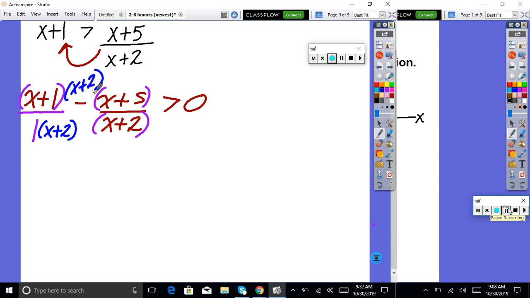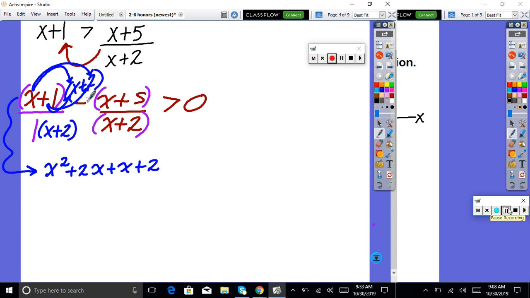And now I'm going to combine my terms in the numerator. So that means I must distribute. That's x squared. Then I have plus 2x. Then I have plus x. Then I have plus 2. Then I have a negative sign, so I've got to distribute my negative, minus x minus 5.